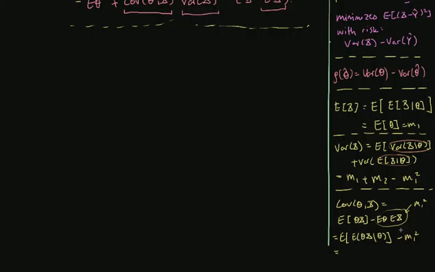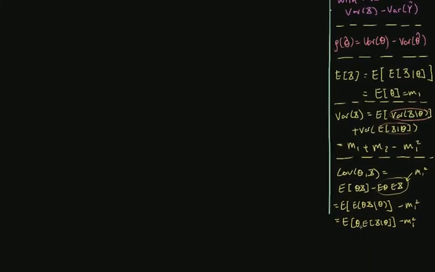So if I condition on theta, I can take anything that depends directly on theta outside of the conditional expectation. So I will have the mean value of theta multiplied by the conditional expectation of x given theta, minus m1 squared. Now what I know is that the mean of x given theta is theta. So what I have written in the first term is the mean of theta squared, which is the second moment of theta, which is m2. So I have m2 minus m1 squared.